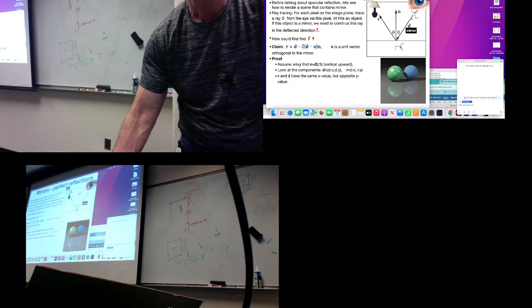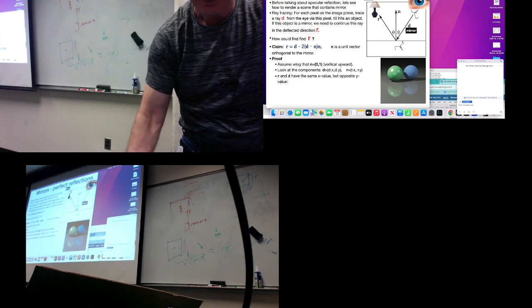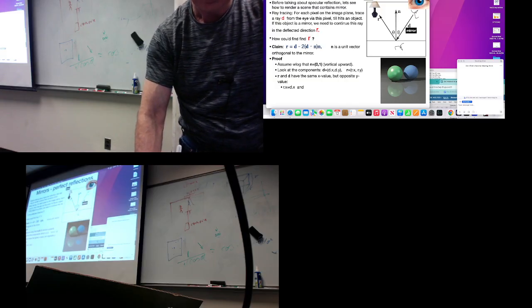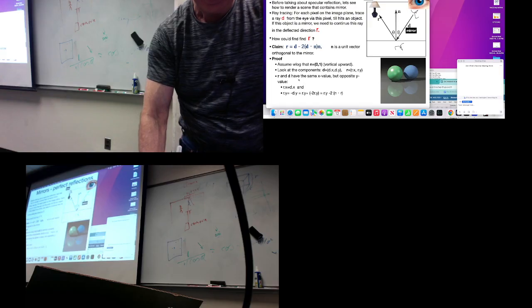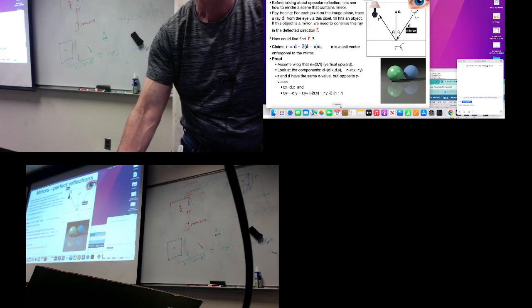A fly that hits this point and is reflected, its x velocity did not change. Its y velocity has completely reversed from minus to plus, so rx equals dx and ry equals minus dy. Follow the math, it just happens.